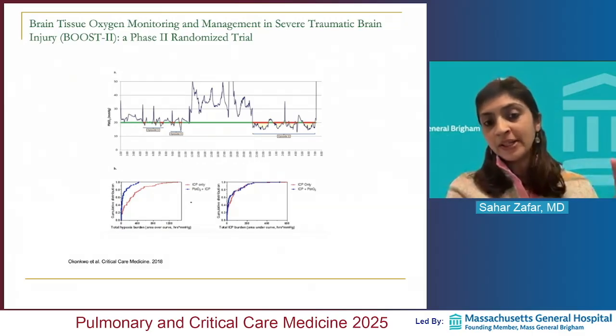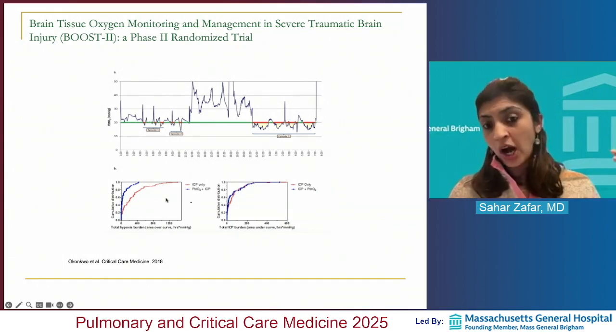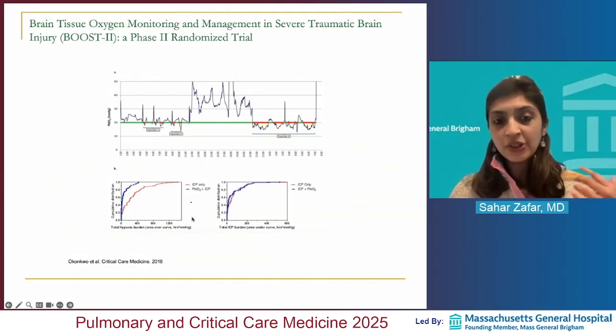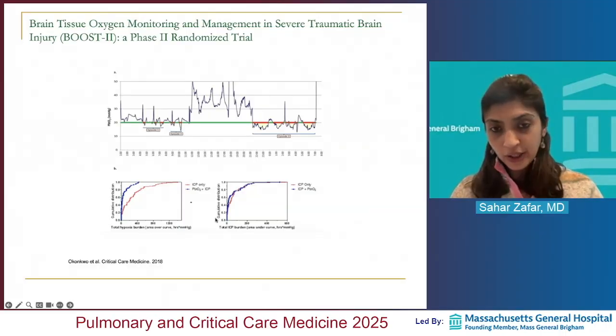But in those where the brain tissue oxygenation monitor was blinded and all you had was the ICP, while the ICP was controlled, the brain tissue oxygenation was in fact not optimally controlled, or was abnormal in those patients. And so it shows that it's both feasible and that it actually improves the brain tissue oxygenation.